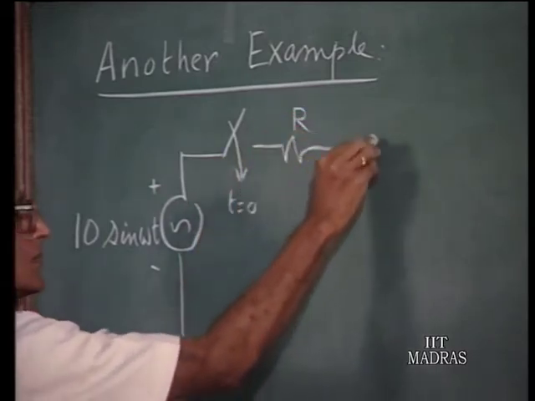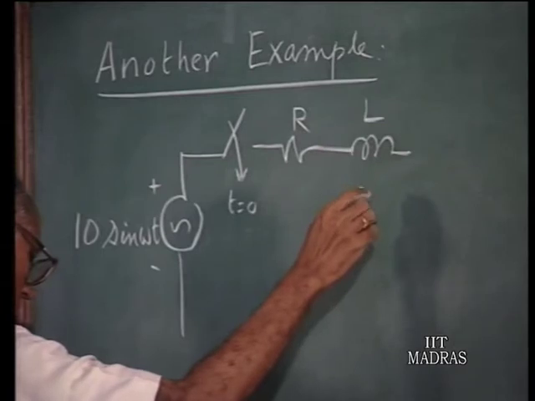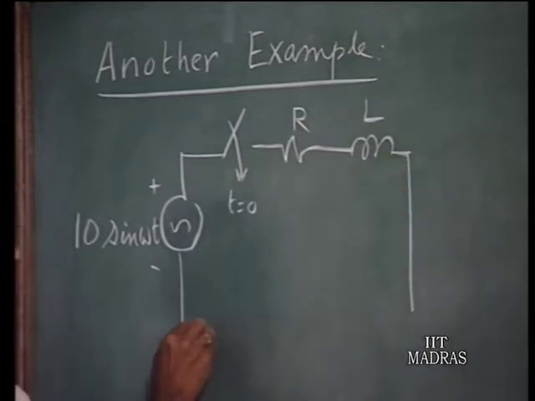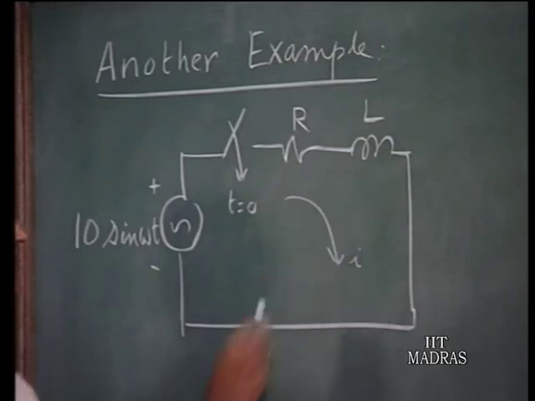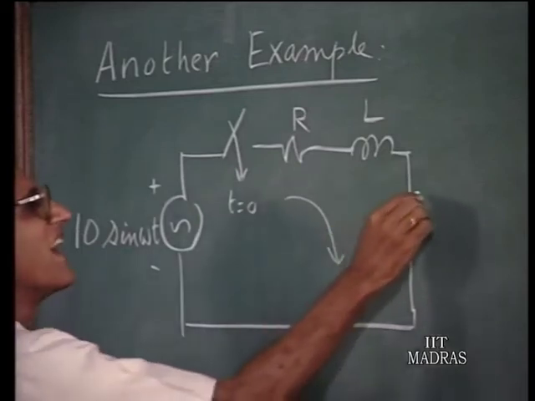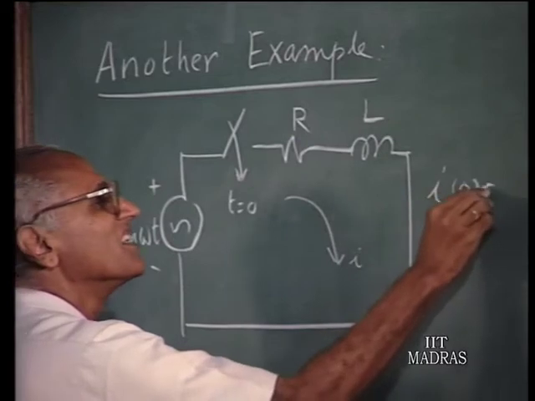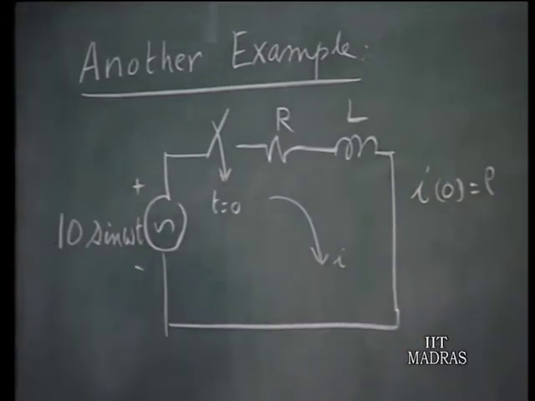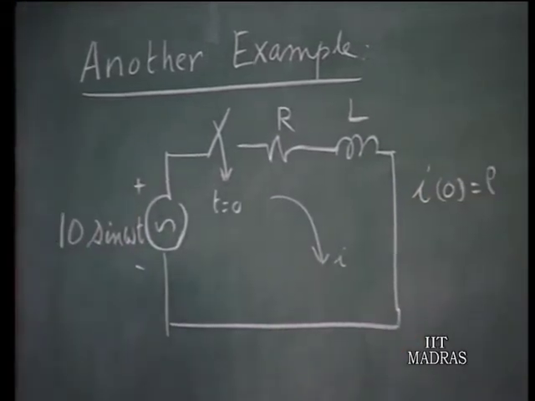Let there be two elements in the circuit, R and L, and you are interested in finding the current in the circuit for t greater than or equal to 0, and it is given that i(0) is rho. Because of some previous switchings, the current in the inductor is i(0) at the time of switching.